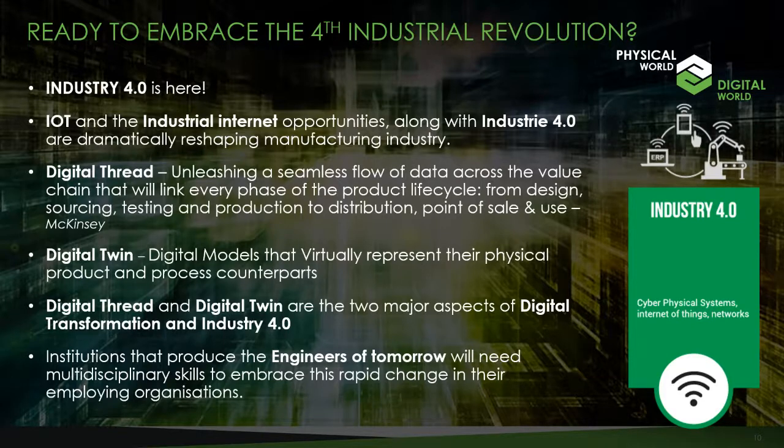A digital twin virtually represents the physical product and its process counterparts, so not only physical machines or objects, but their processes as well. This is how digital thread and digital twin form the digital transformation in Industry 4.0.